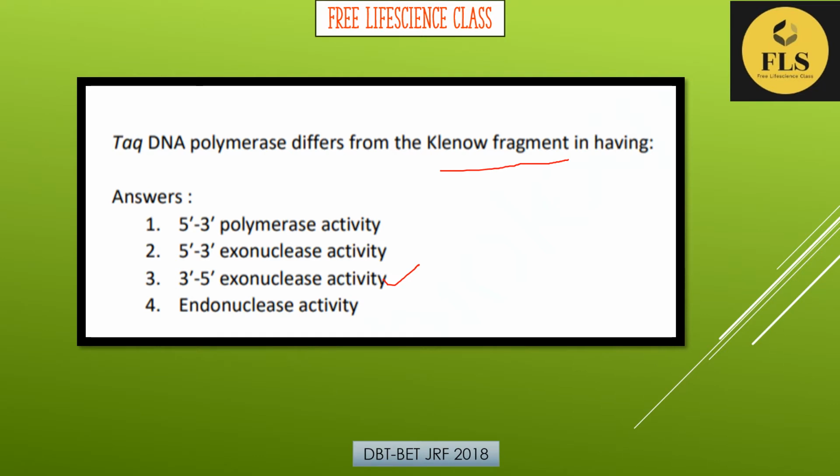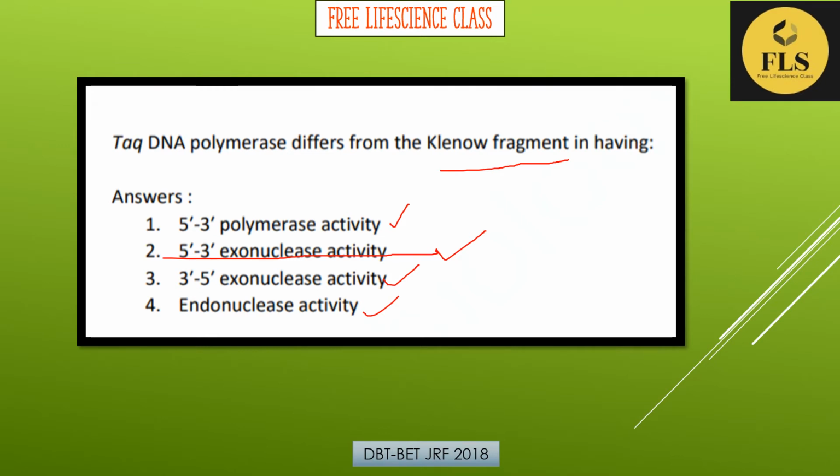The correct answer for this question is option 2. 5' to 3' polymerase activity: both Taq DNA polymerase and Klenow fragment have this activity. 3' to 5' exonuclease activity: both Taq DNA polymerase as well as Klenow fragment have this property. Endonuclease activity: neither. But Taq DNA polymerase has the additional 5' to 3' exonuclease activity.